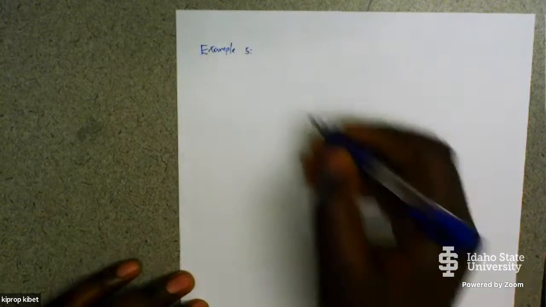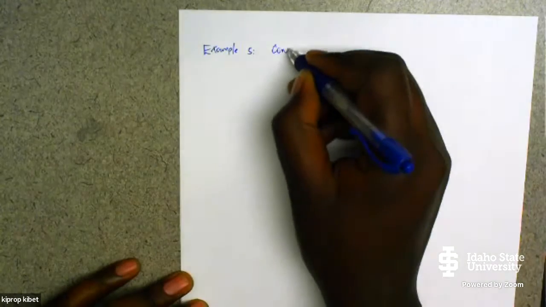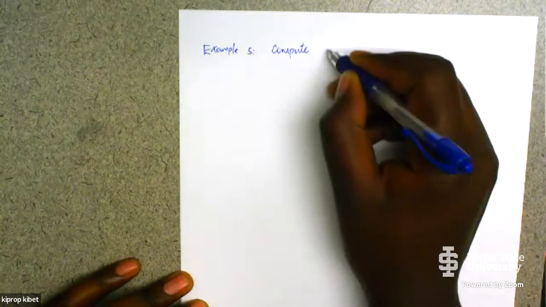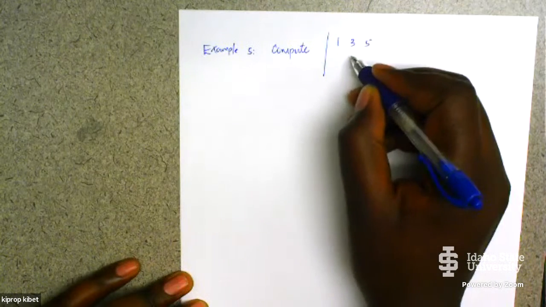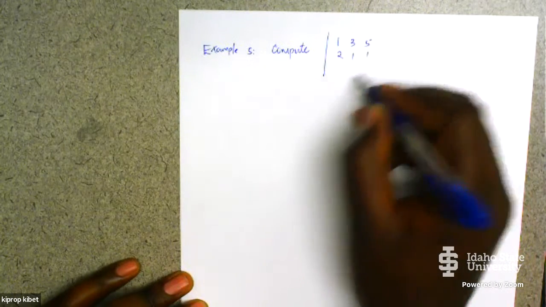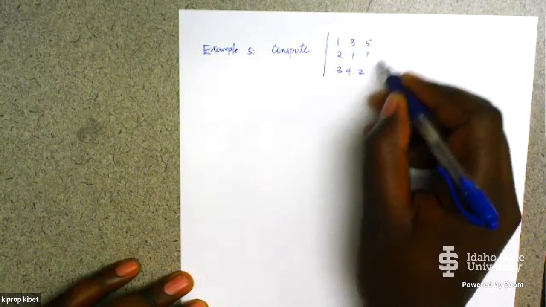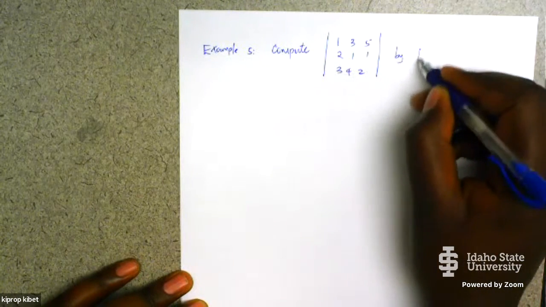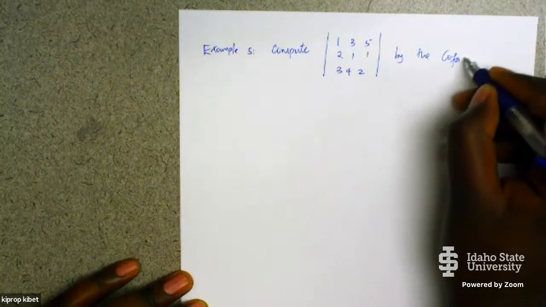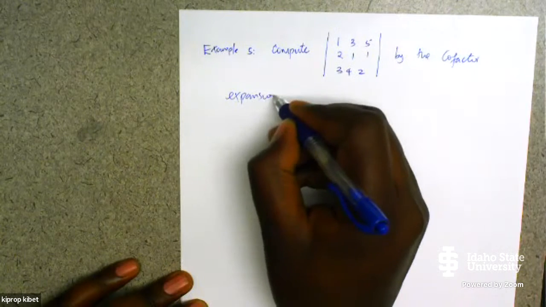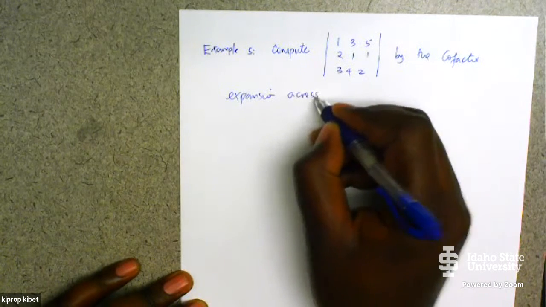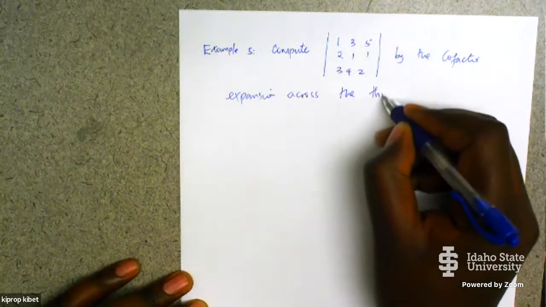Example number 5: compute the determinant of the same matrix, 1, 3, 5; 2, 1, 1; 3, 4, 2, by the cofactor expansion across the third row.